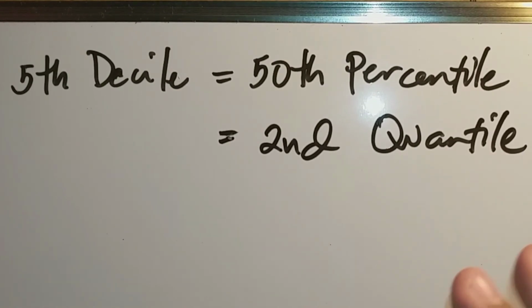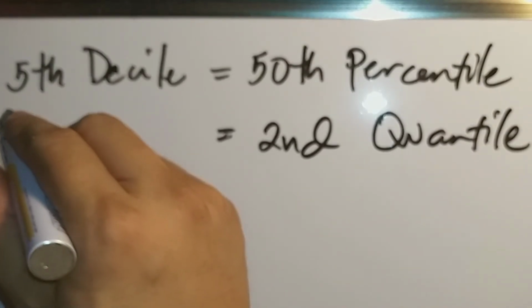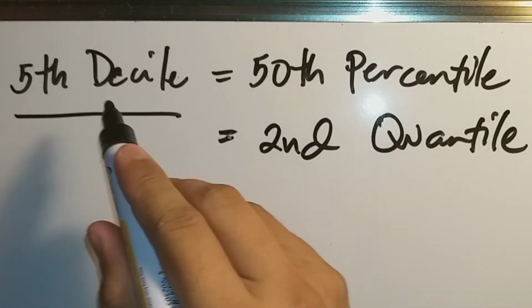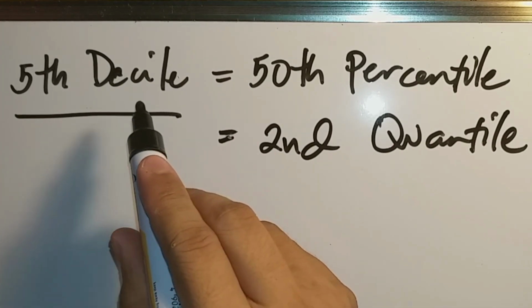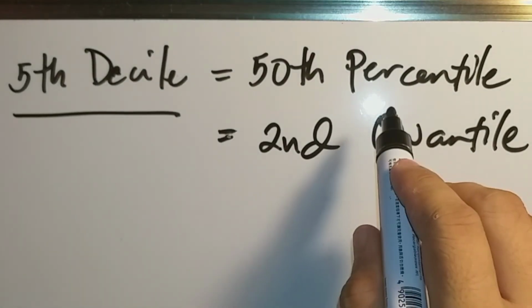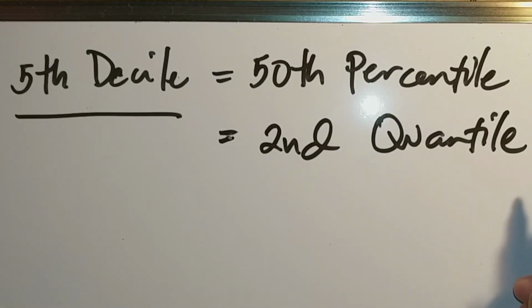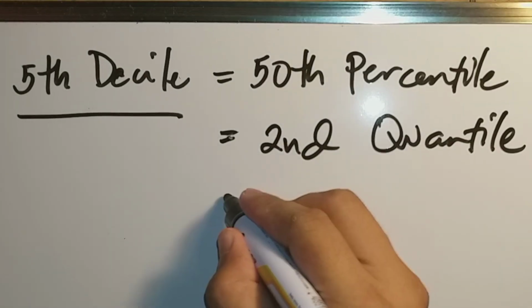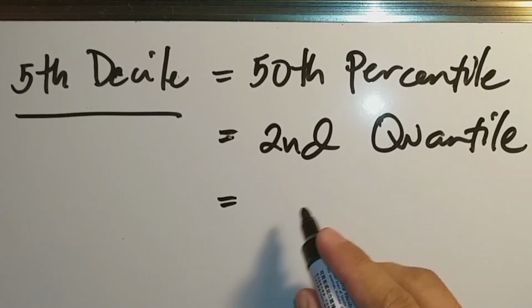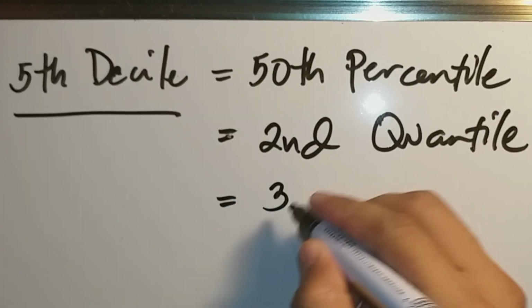So to get the fifth decile, we can compute the 50th percentile or the second quartile. The answer for the fifth decile would be 3.